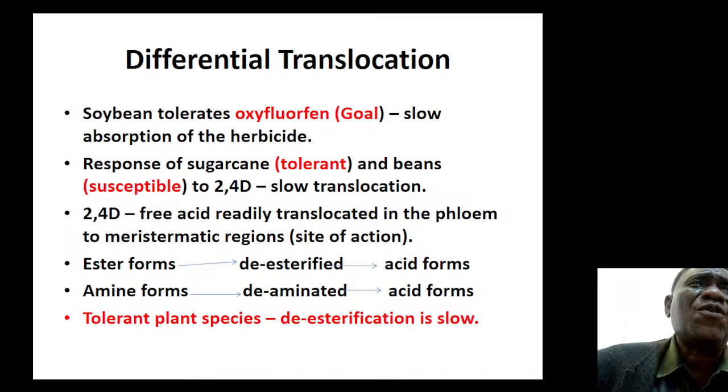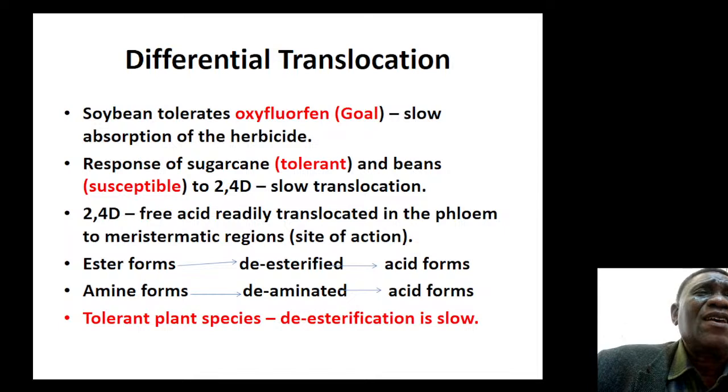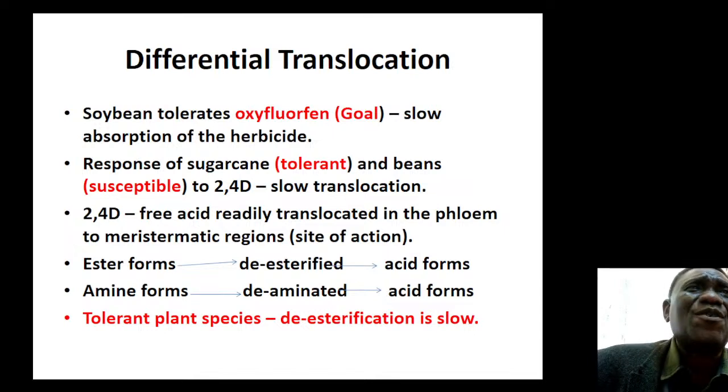It is the 2,4-D free acid which is translocated in the phloem to the site of action. So the speed of conversion from ester forms to acid forms is very critical. We call it deesterification.